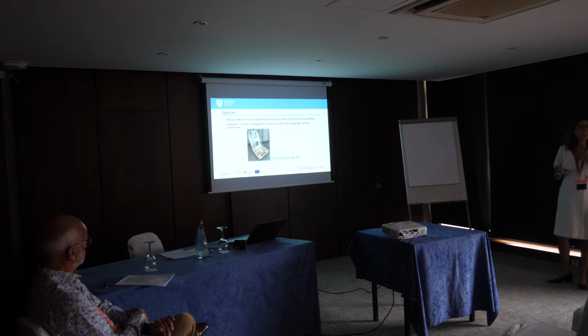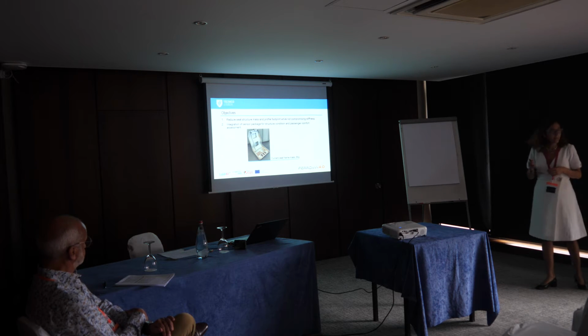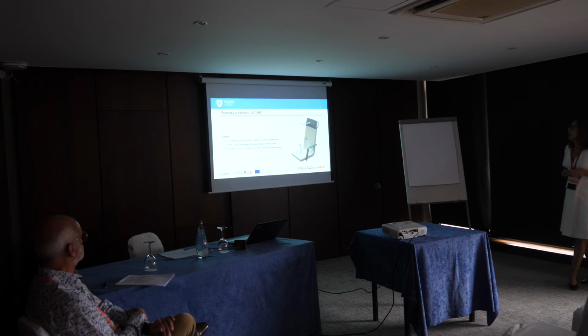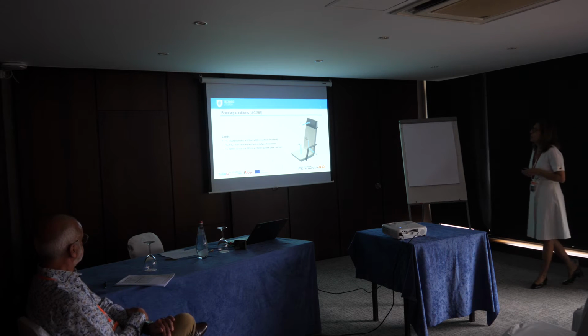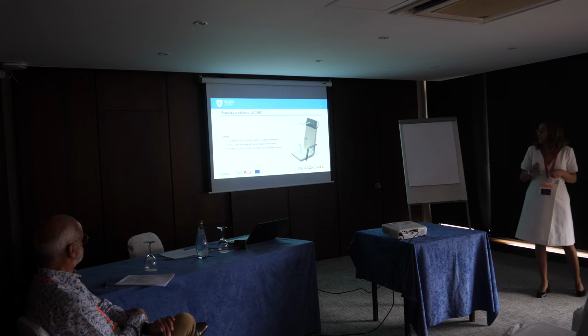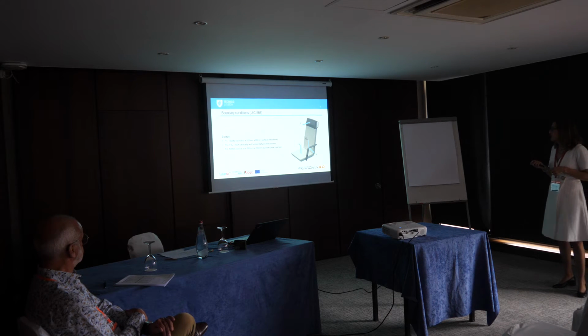At this moment we are comparing with the current seat. The current seat frame has a total mass of 8 kilograms, as you can see here. To compare the different models that I will show you, we use the boundary conditions defined in the standard OIC 566.